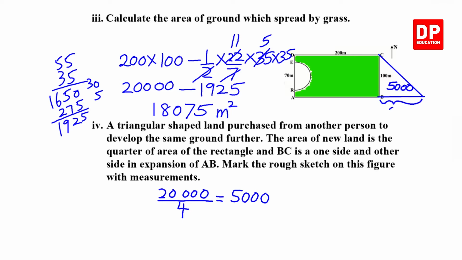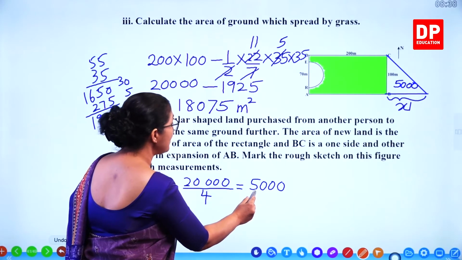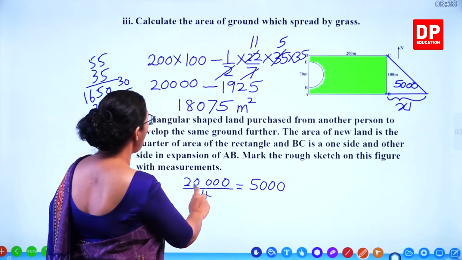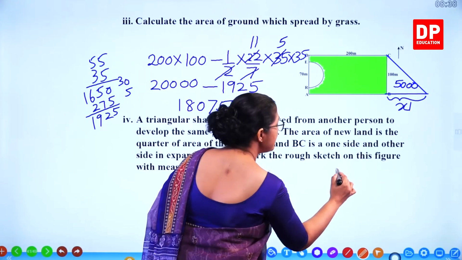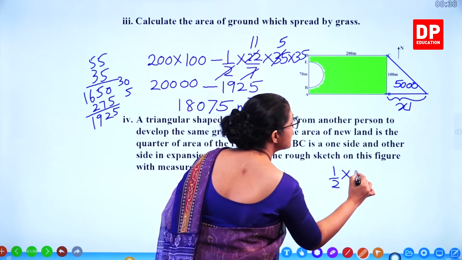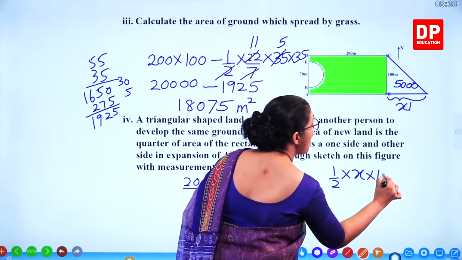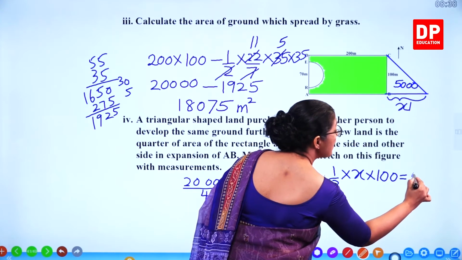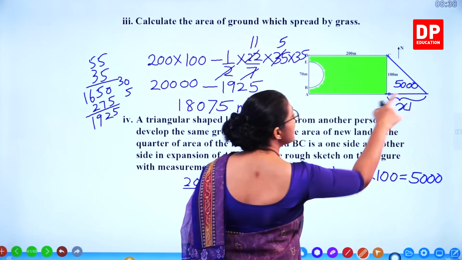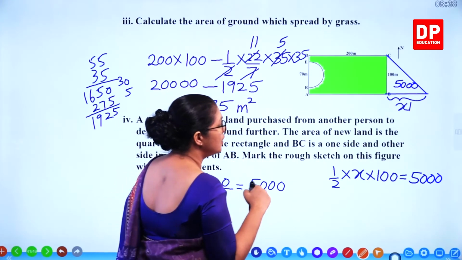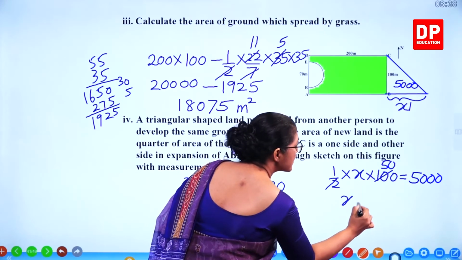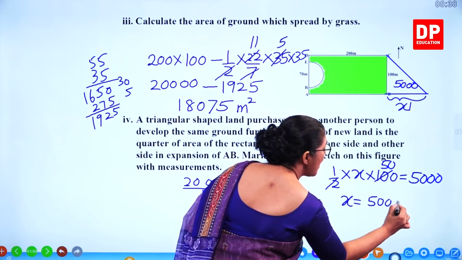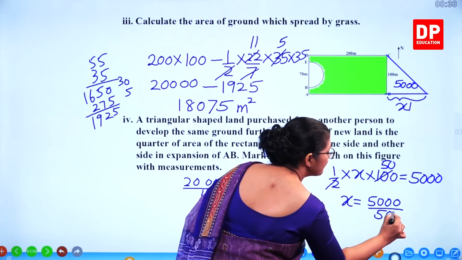We'll put x here. We'll find out x. So you get 5,000 for a quarter of the area of the rectangle. That's equal to half times x times 100. That's the 5,000 value. So simplify, you get 50. So what's x? 5,000 divided by 50.